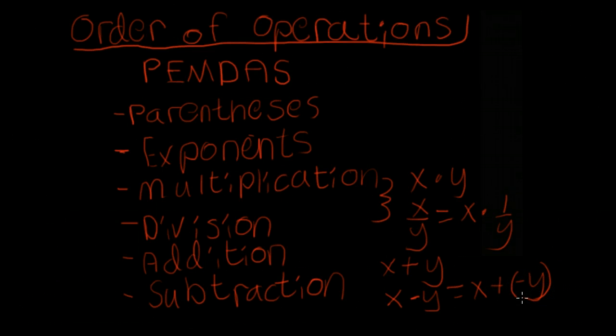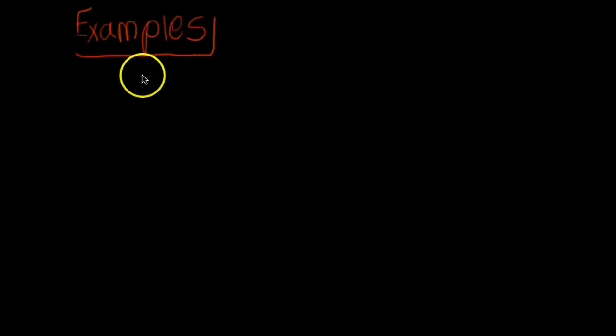So, with that being said, after evaluating the exponents, you multiply and divide at the same time, but from left to right. Then you add and subtract at the same time from left to right. So now we're just going to go through some examples evaluating expressions with the order of operations.